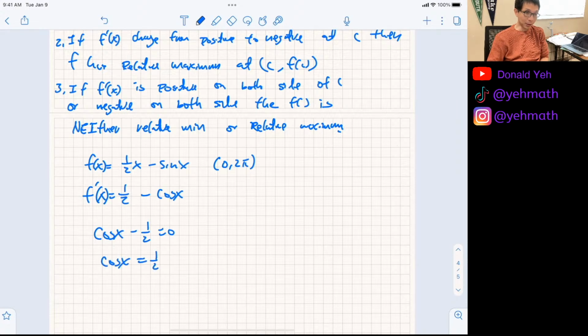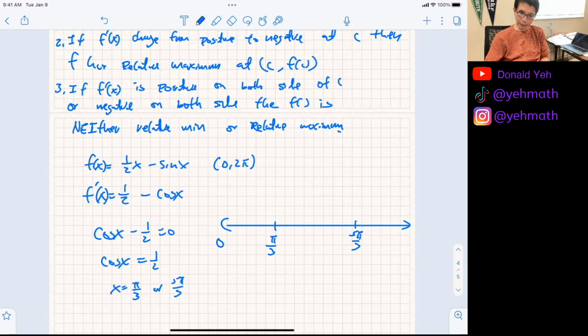When does cosine of x equal 1/2? Pi over 3? What else? Pi over 3. That's excellent. So I'm going to do pi over 3 and 5 pi over 3. And I'm going to do 0 and pi here, 2 pi here. Is that okay?